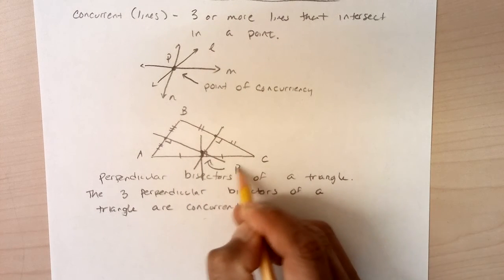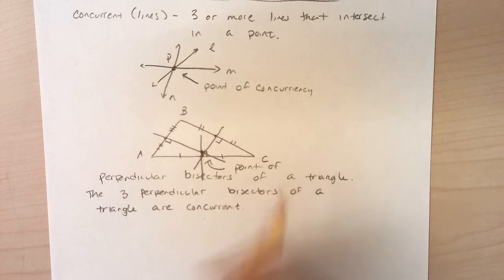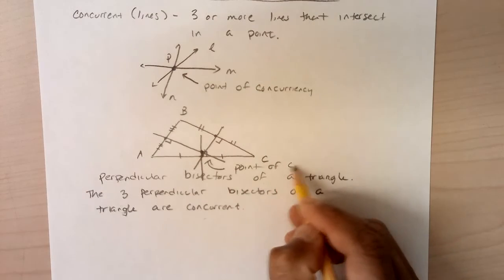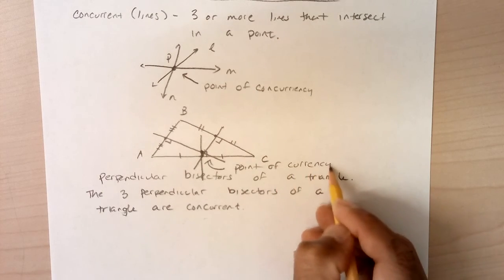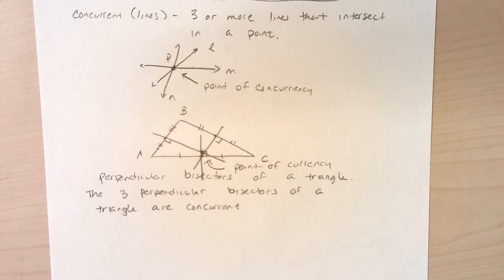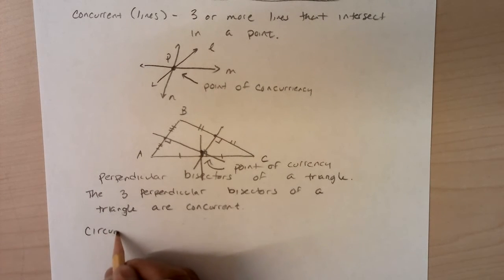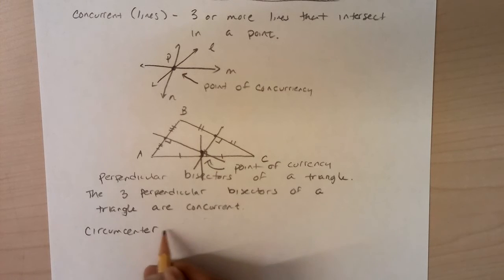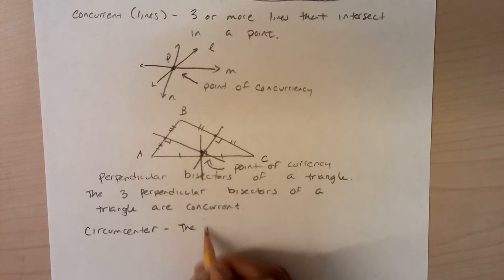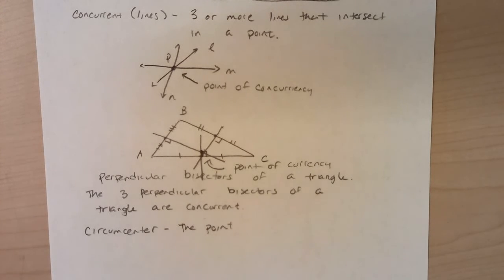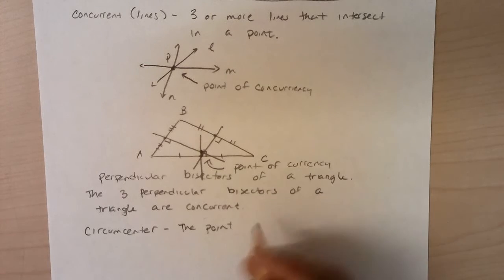That point of concurrency for the three perpendicular bisectors of any triangle has a specific name. That name is the circumcenter of the triangle. So the circumcenter of a triangle is the point of concurrency specifically for the three perpendicular bisectors of a triangle. Any triangle has three sides, so it would have three perpendicular bisectors.